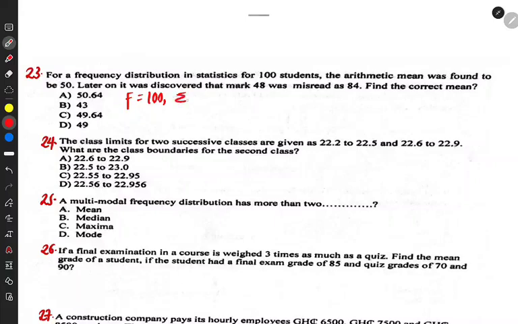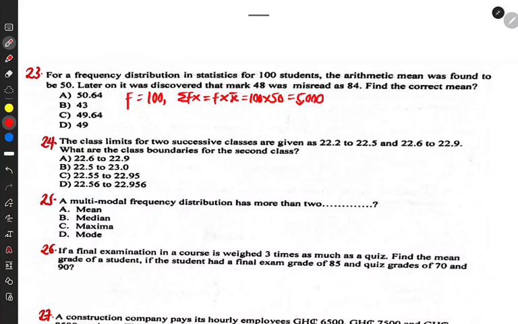Alright, and we will know our summation f of x, or f of the mean, sorry, that will give us our summation f of x. So our summation f of x is supposed to be equal to the frequency multiplying the mean. You're supposed to get 100 multiplying 50. So the wrong mean, which is 50, multiplying the frequency that we're having, you're supposed to have 5,000.